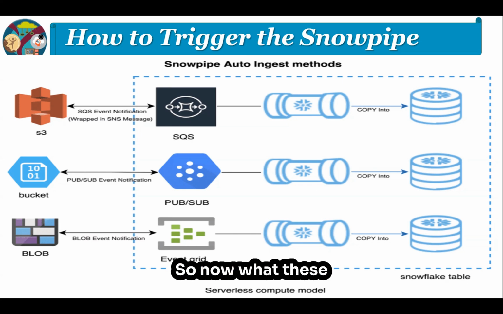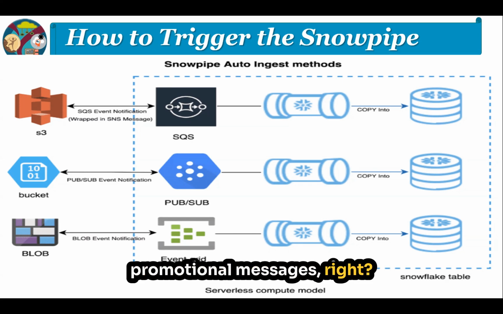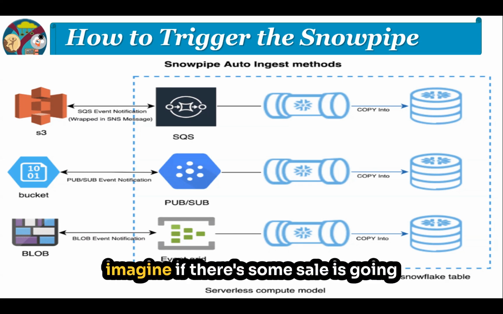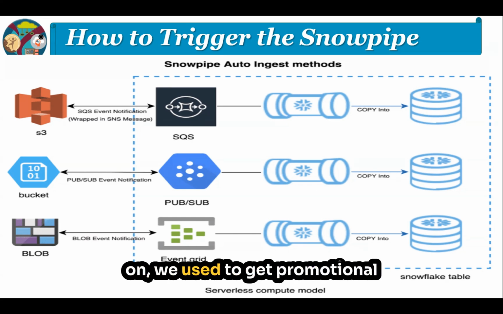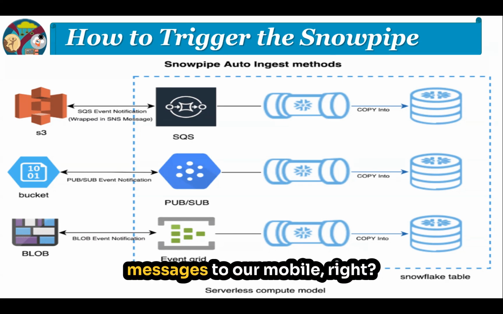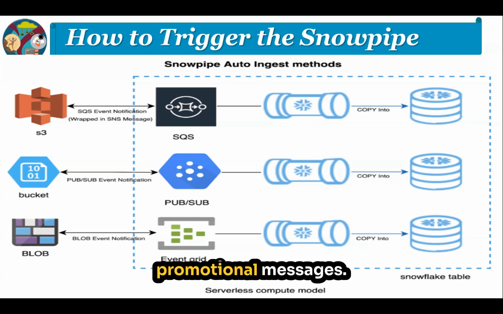Now what will these particular services do? These are kind of notification services. We used to get promotional messages from Flipkart or Amazon. If some sale is going on, we get promotional messages on our mobile, right? So how are they sending these promotional messages?